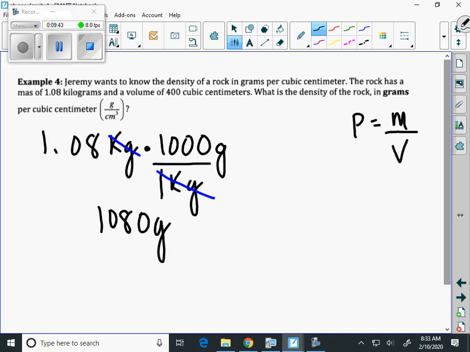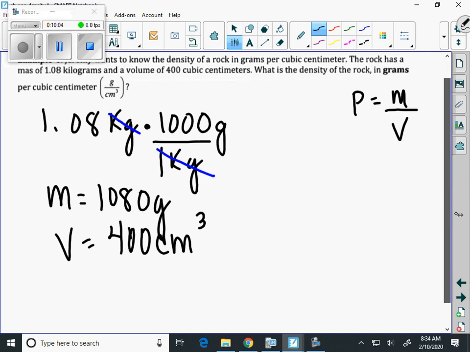And now that we've got that in terms of grams, we have everything that we need, because it says the rock has a mass, so that's going to be our mass, and a volume of 400 cubic centimeters. We can fill those values back into our formula to get our density.